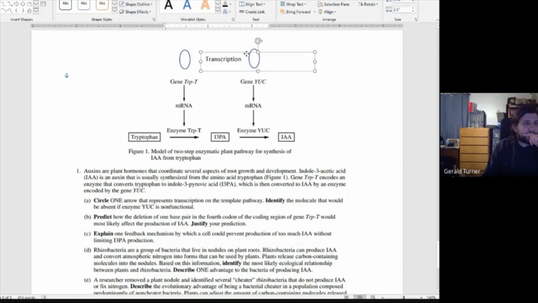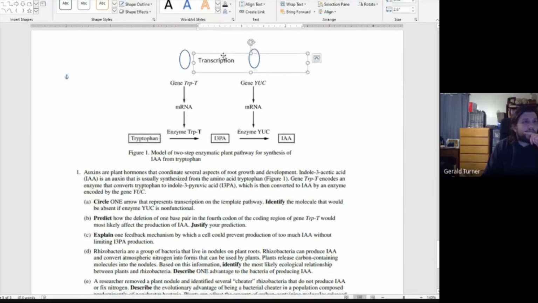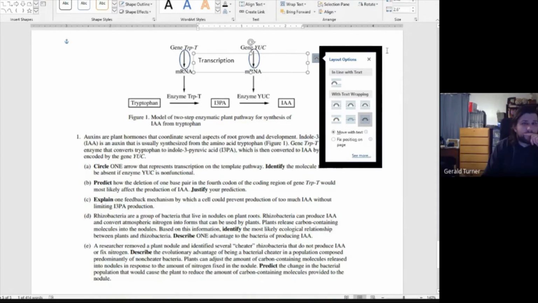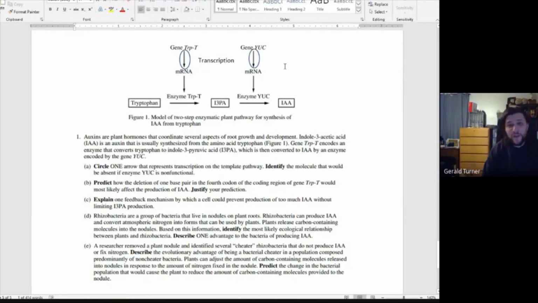So just mark that, yep, transcription is taking place there, and remembering that transcription goes from DNA to RNA, and then translation goes from RNA to protein.